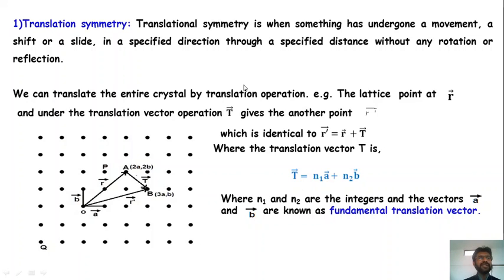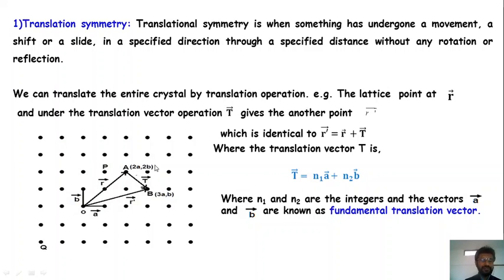That means there is only translation along a specific direction through some distance, and that is known as the translation symmetric operation. Now we can translate the entire crystal structure by the translation operation, with the help of translation vectors.